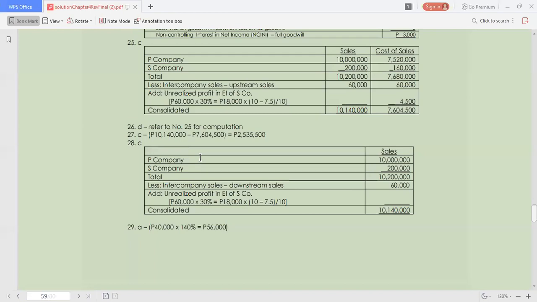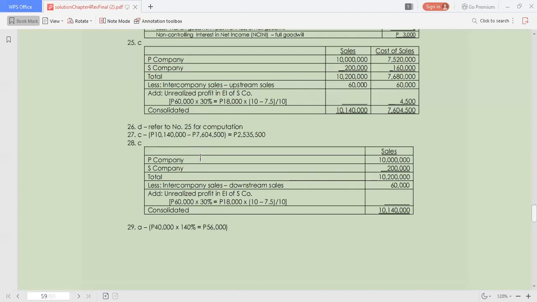Then number 26, the consolidated cost of goods sold is computed at 7,604,500, that's letter D. And in number 27, the consolidated gross profit is 2,535,000.